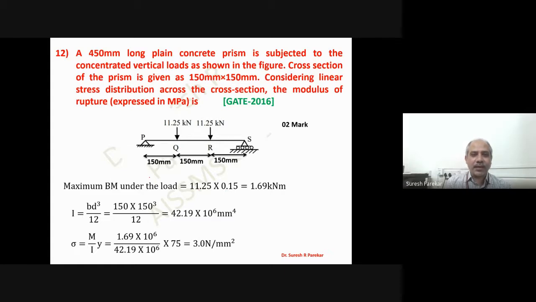Now we have BD cubed by 12. That will be the value of I, which will be 42.19 into 10 raised to 6 millimeter to the power 4. And then we substitute values for sigma. Now depth is 150, so automatically Y will be 75, and we will have the value as 3.